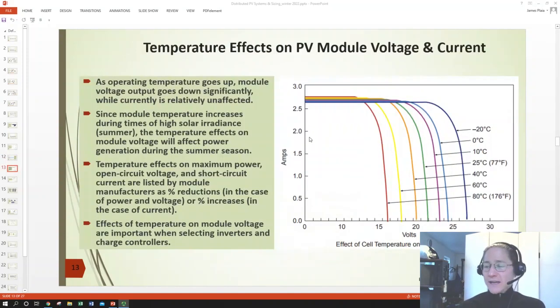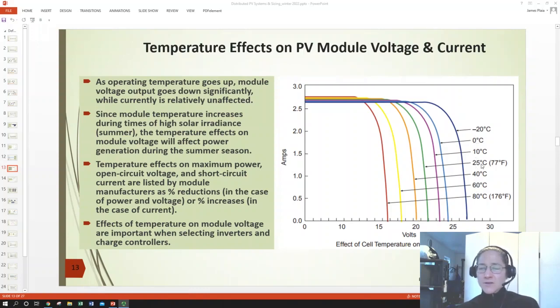Okay, temperature effects. Summertime, we're trying to generate a lot of power. Maybe you're living in a hot climate, you want to run an air conditioner, or at least the motor for a swamp cooler, and you've got a lot of photons available. Life is good. Problem is your voltage associated with your maximum power point is going to drop, and this graph is pretty typical of the change in voltage as you go up in temperature.